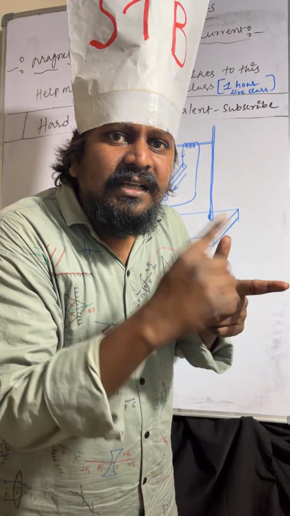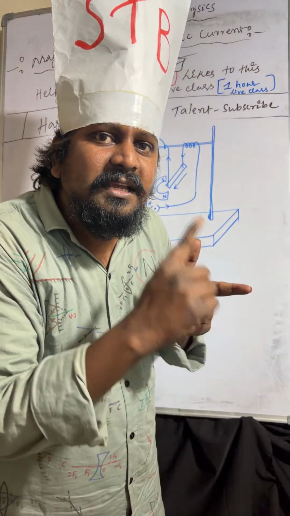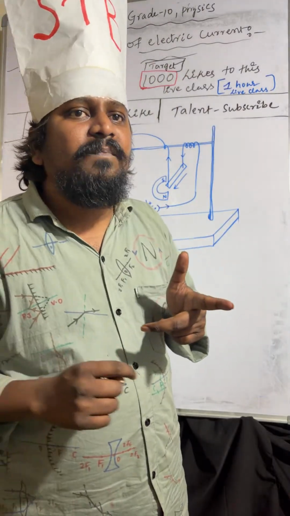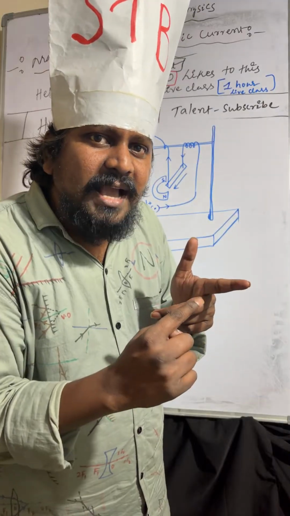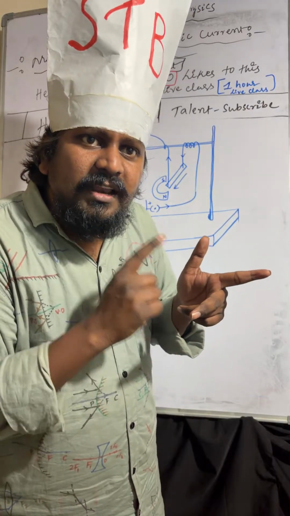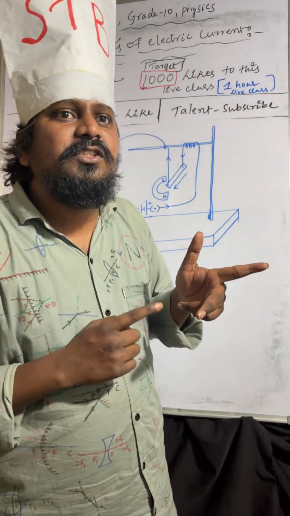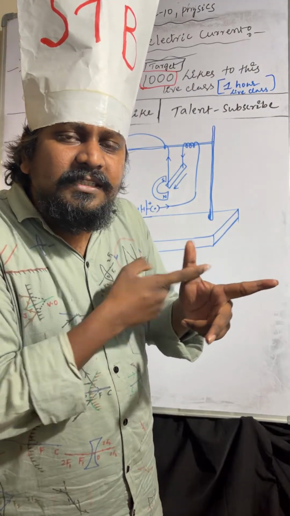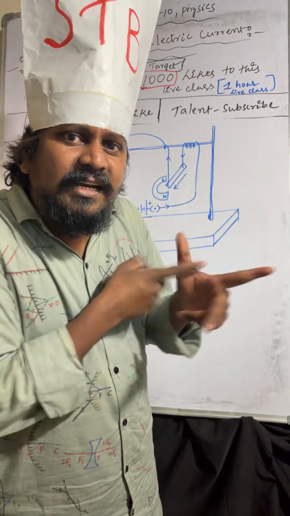The index finger represents the magnetic field, the middle finger represents the current direction, and the thumb represents the force acting on the conductor.